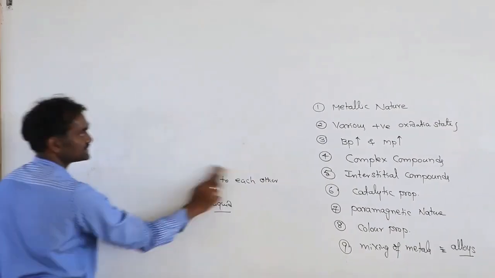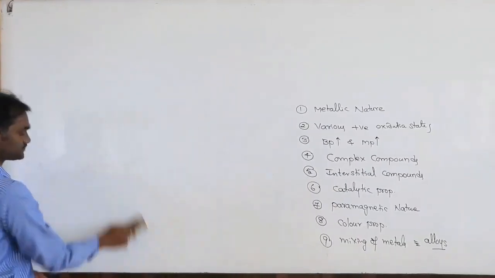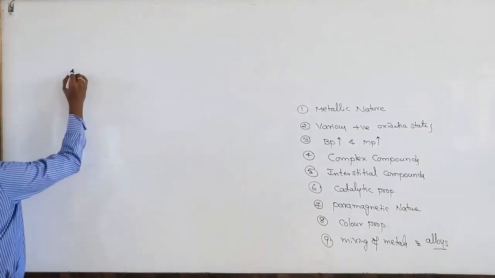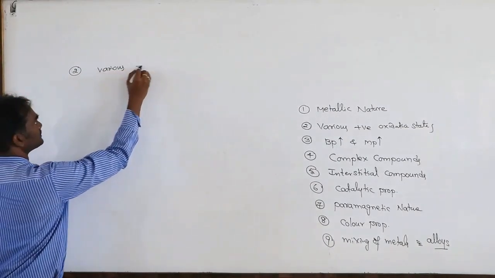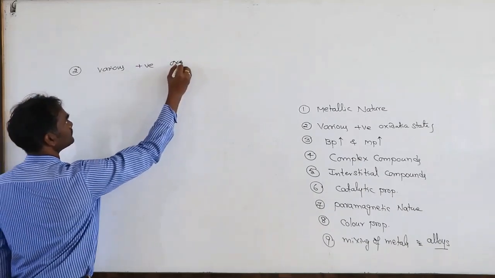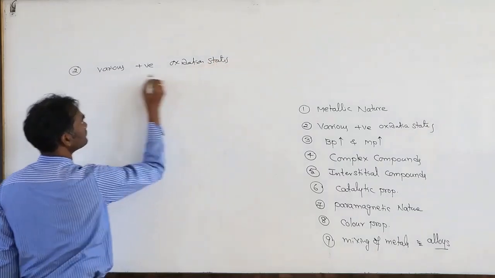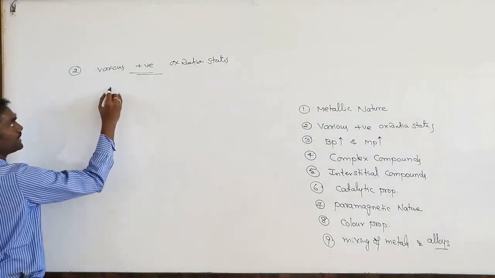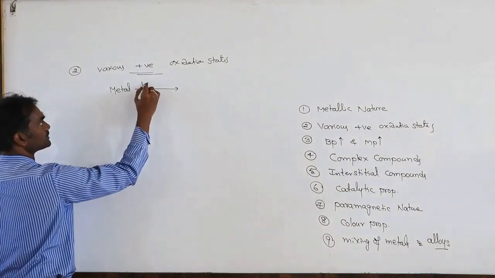Next, the second one: various positive oxidation states. See, the metal is losing electrons.